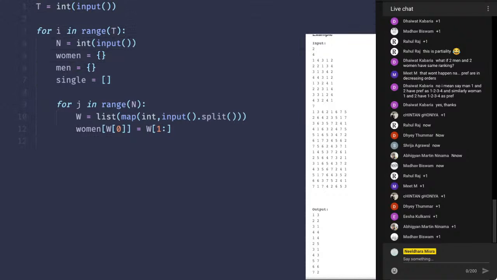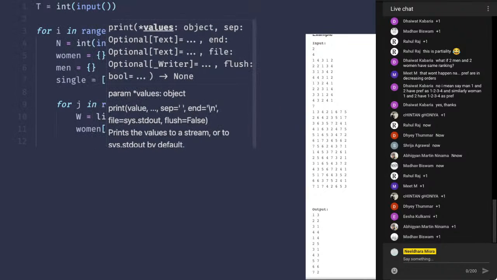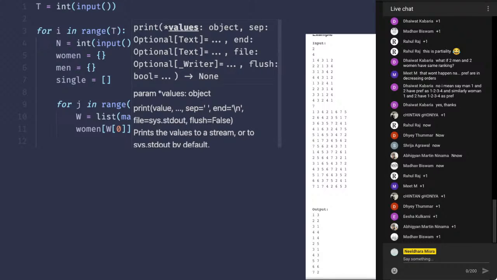Okay, and let's just print this once to be sure that we have this.